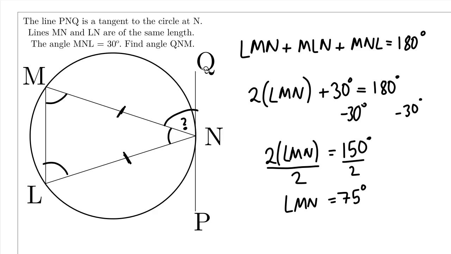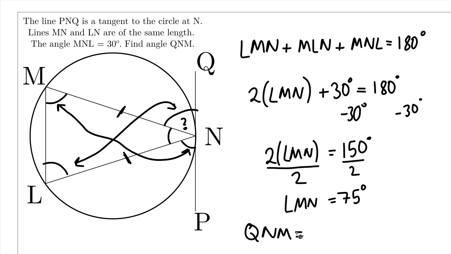From alternate segment theorem, we know that QNM is equivalent to MLN. This angle is equivalent to this angle, and this angle here would be equivalent to this one here. Now, QNM is equal to the angle MLN, but because it's an isosceles triangle, MLN is equivalent to LMN, which is 75 degrees.